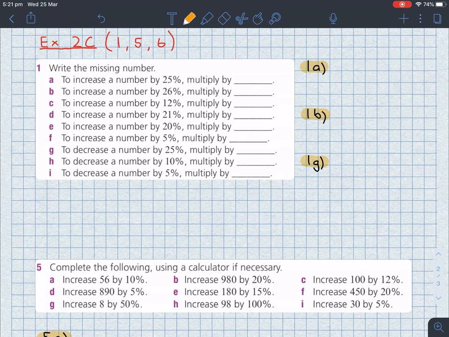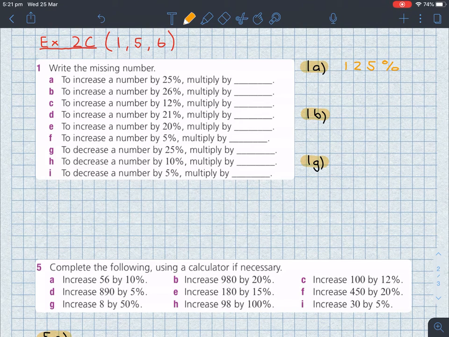So we're going to start with question 1, and I'm going to show you how to do a couple of these. So question 1A, to increase a number by 25%. Now increase means we plus, so we're going to multiply by 100 plus 25 is 125%.